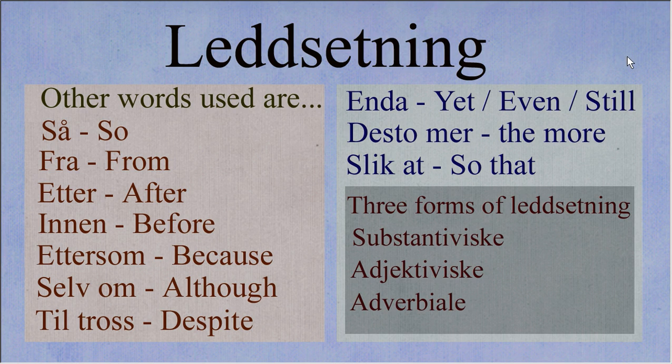I know there's more, but you can find those yourself. For this basic explanation, I'm not going to do an encyclopedia of every single one of them, but there are so, from, after, before, because. Also there are 3 forms of Leddsetning, and there they are. I'm not going to go into those in this video. I'm just going to show you the basic concept, and afterwards you'll understand why it's so important.